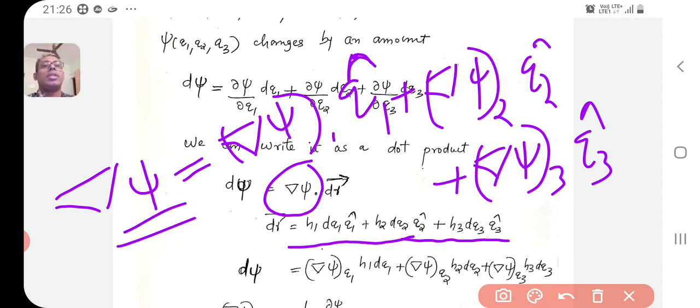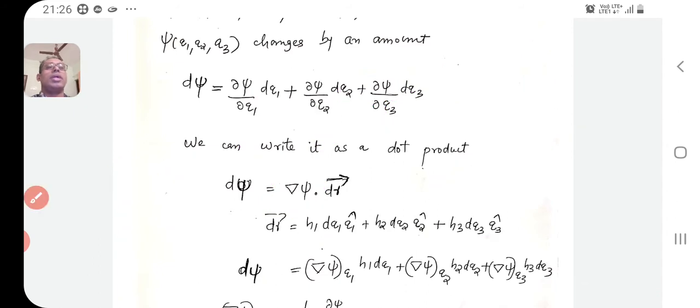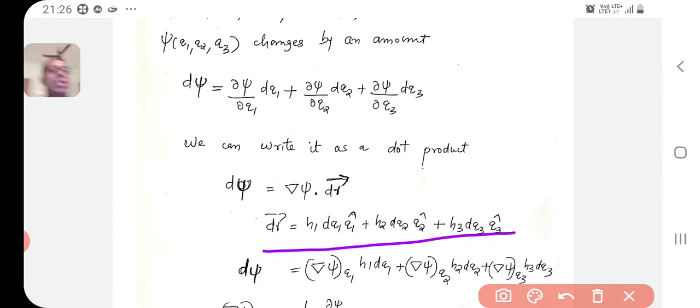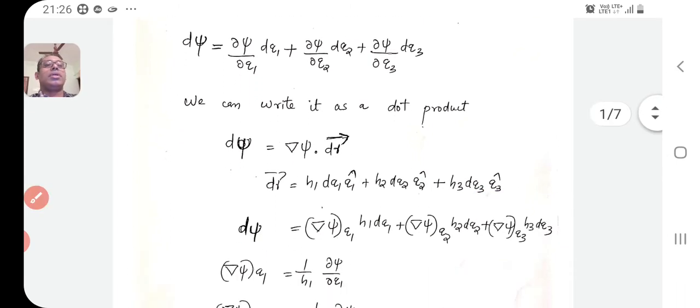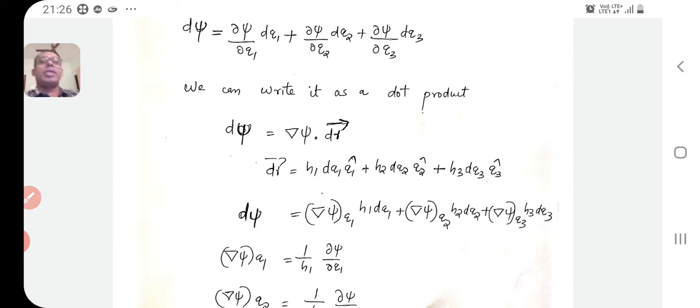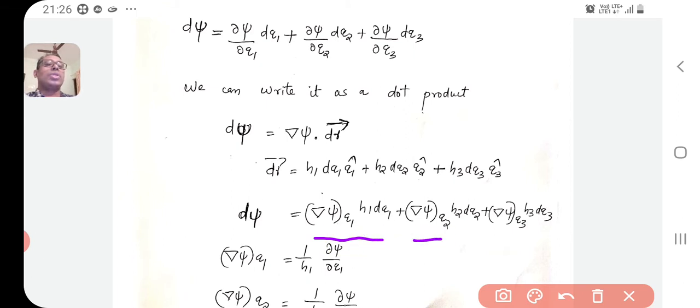So this is what del psi is, and we are taking del psi dot dr. Dr is this, and del psi we have seen. So d psi, that will be the dot product of del psi and dr, and it is given by del psi q1 h1 dq1, del psi q2 the q2 component h2 dq2, del psi the q3 component h3 dq3.